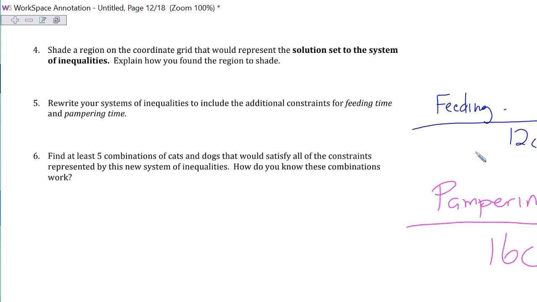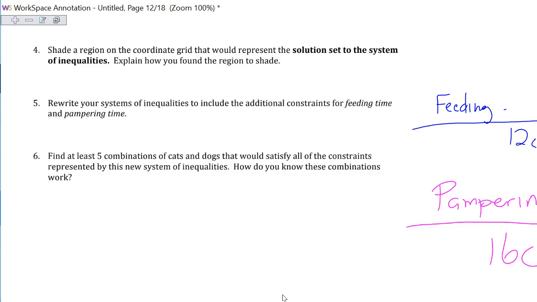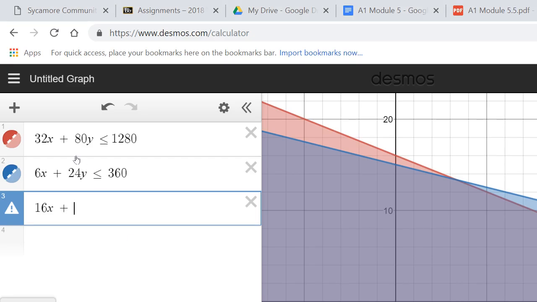So we're going to add those to Desmos. 16x plus 20y is less than or equal to 480. Well, let me make this 12.